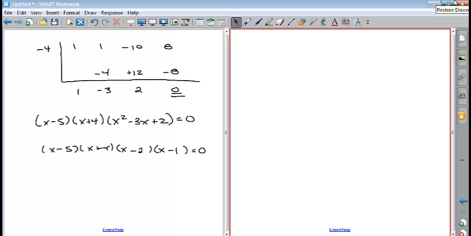Okay, 69 says simplify the rational expression. So this doesn't necessarily mean that it's divisible. It just means that you can write it as a polynomial plus a single term.